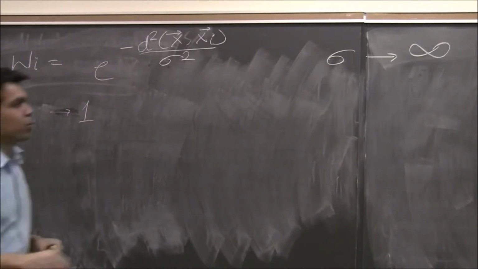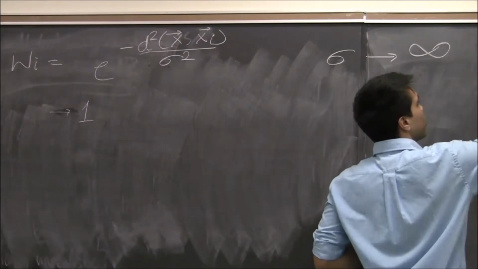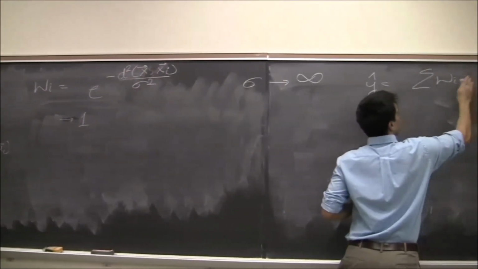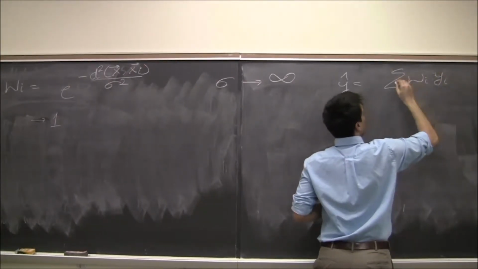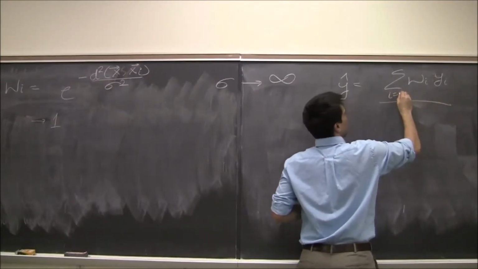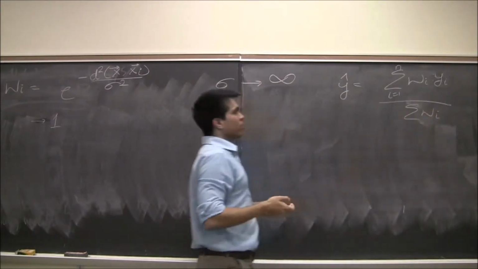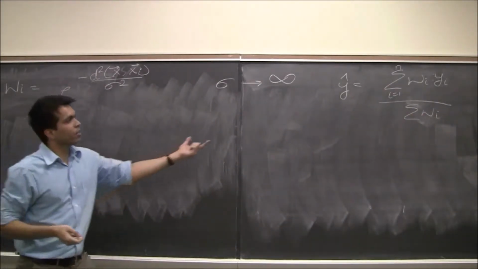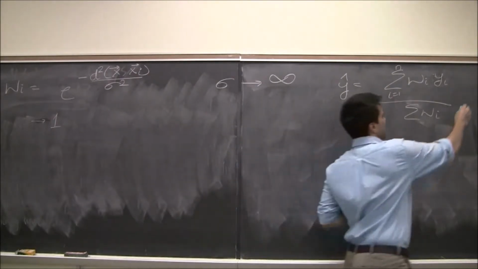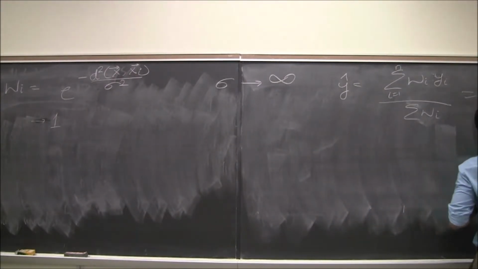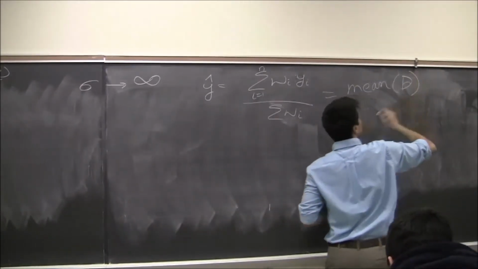And our prediction rule for regression was y hat equal to the summation of w_i y_i, i from 1 through n, over the summation of w_i. If everybody is weighted equally, then in the regression case you're just predicting the mean of the data set.